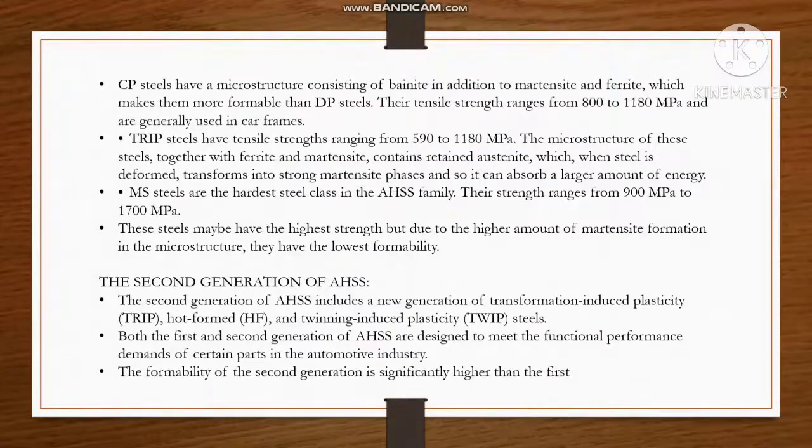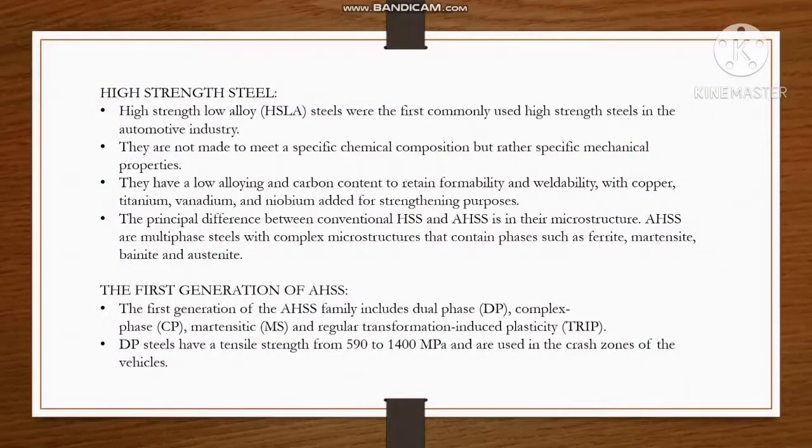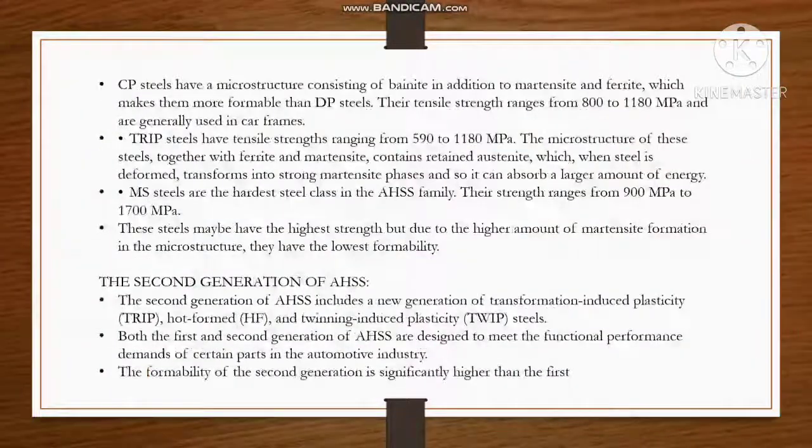First, we explained the first generation of AHSS. So now we go to the second generation of AHSS. What is the second generation of AHSS?